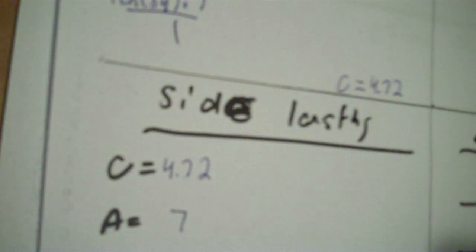So to find the O, we take tan 34 times 7 divided by 1. And I got 4.72. So that's how long side O is, approximately. It's irrational, but that's okay.